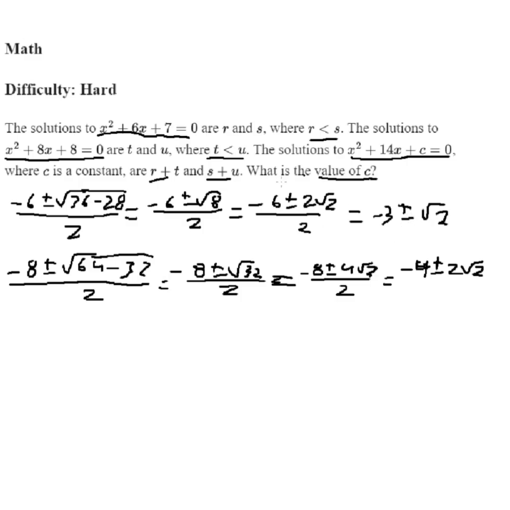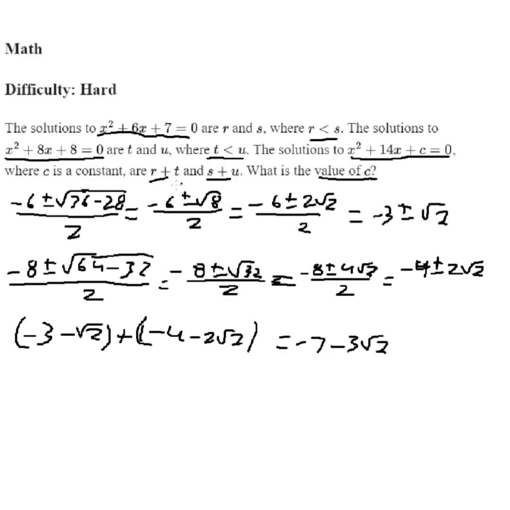So now to solve for c, we need to add these pairs together to get the roots of this last equation. So r plus t is negative 3 minus square root 2, plus negative 4 minus 2 square root 2. Adding these together, negative 3 plus negative 4 is negative 7, minus 3 square root 2.